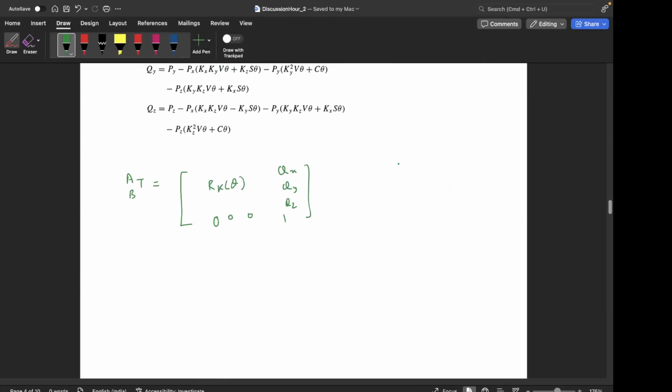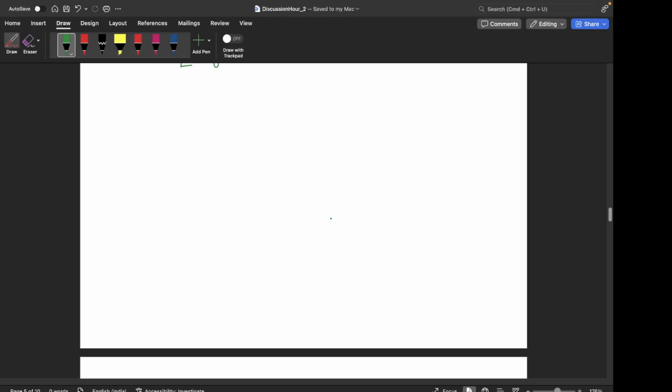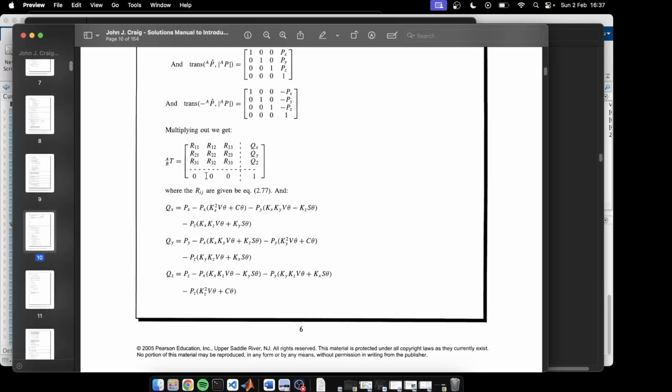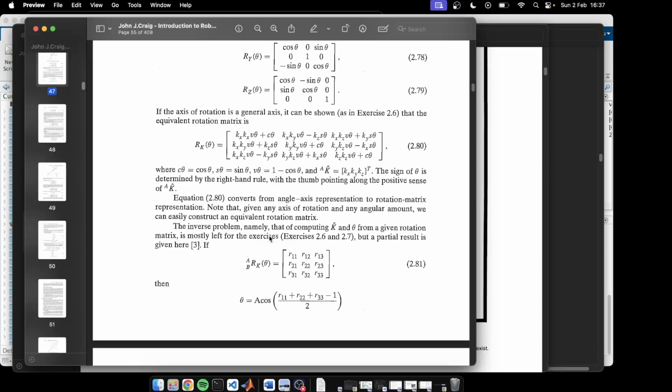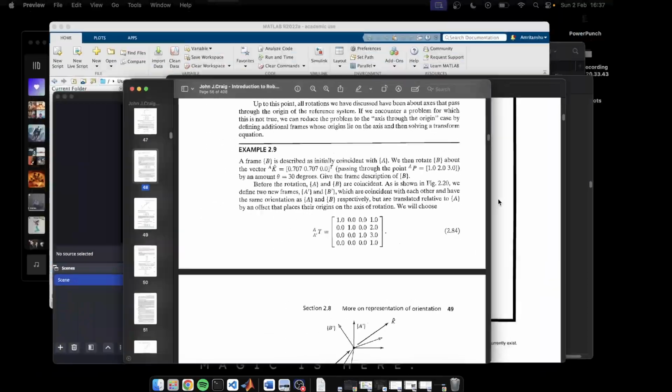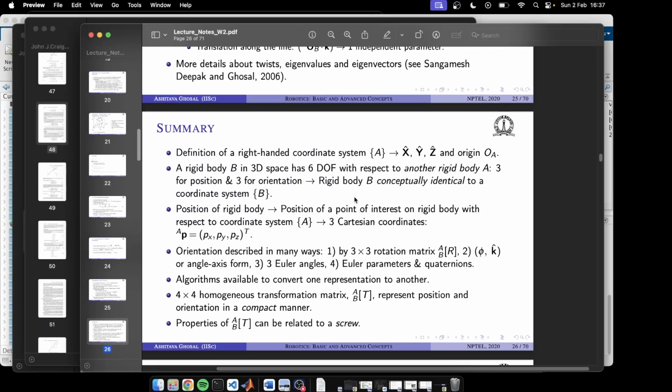So now we are on the last part of today's agenda. That is, I will solve a problem describing the DH parameters. So for a quick recap of DH parameters, I will refer to the slides.